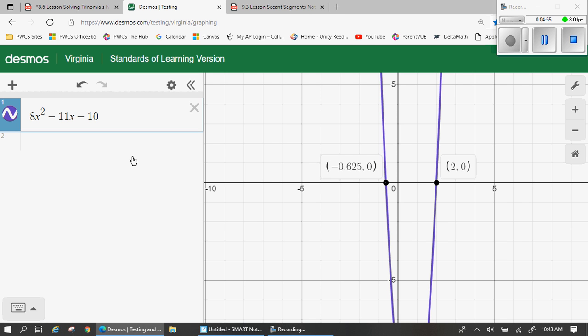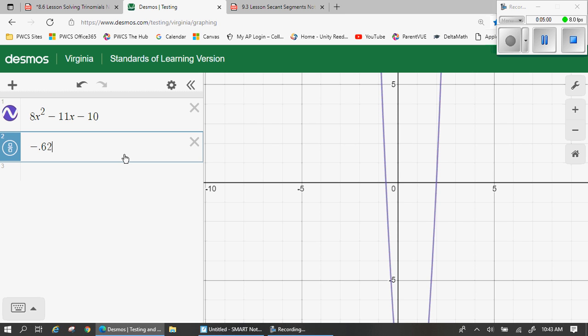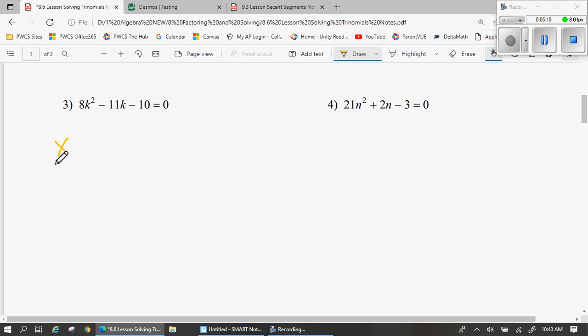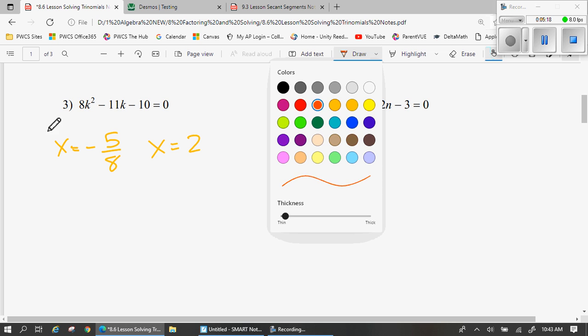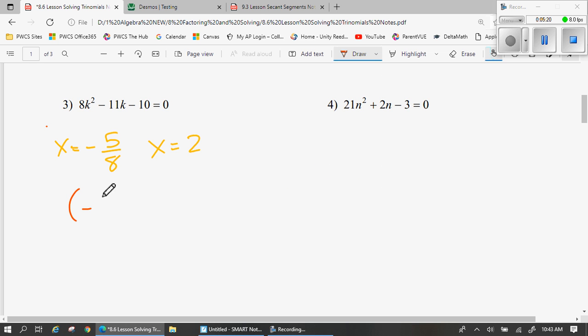So we're going to use our Desmos to figure out what that is as a fraction, -0.625, negative 5 over 8, and positive 2. And that's it. We don't have to do anything special here. Those are the solutions. We can write them like this, or not in parentheses because that'll look like coordinates. And there you have it.